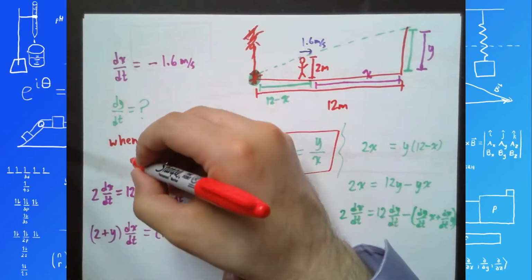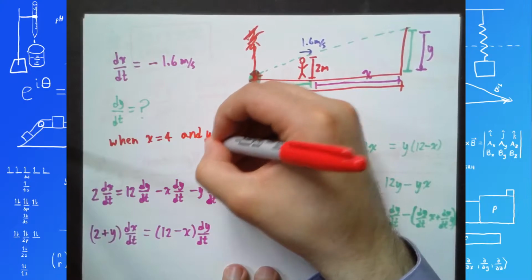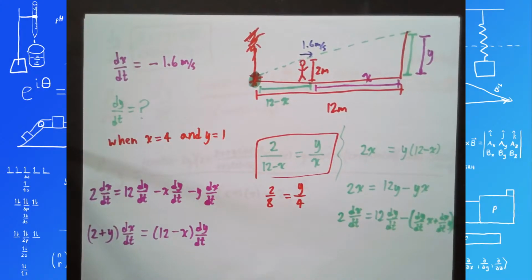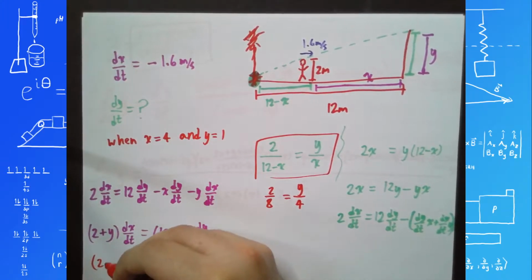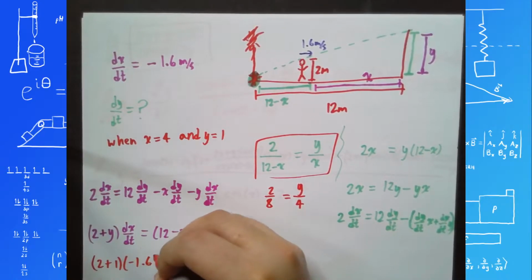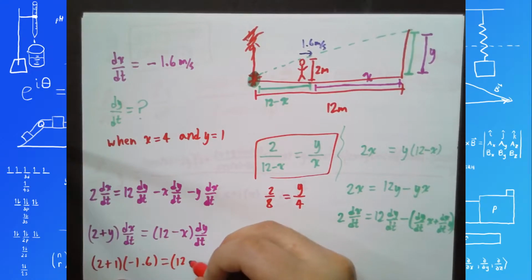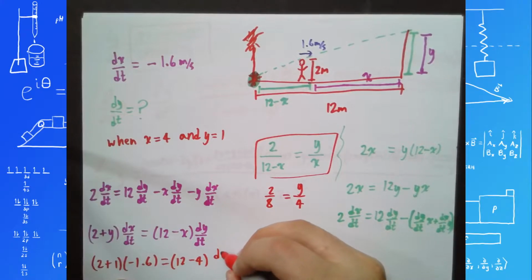When x equals 4 and y equals 1, dy dt is going to be 2 plus 1 times negative 1.6 equals 12 minus 4 dy dt.